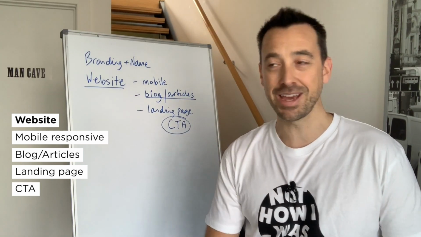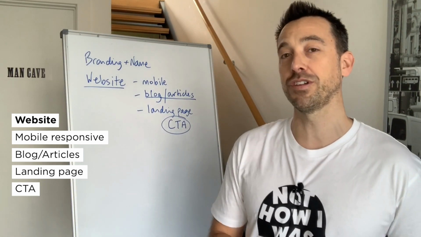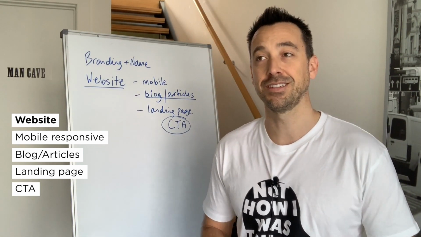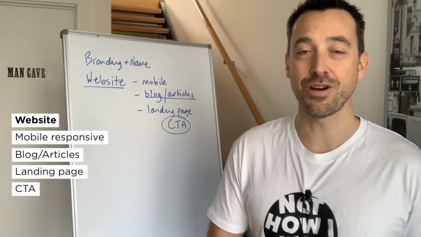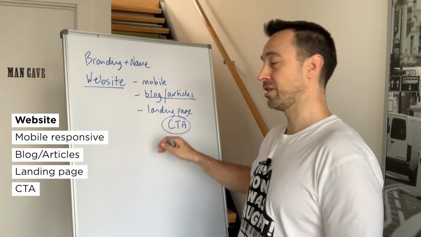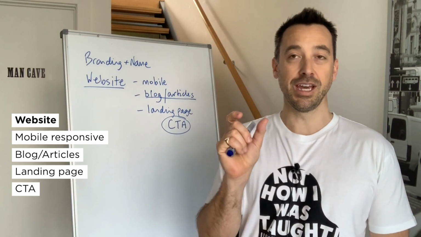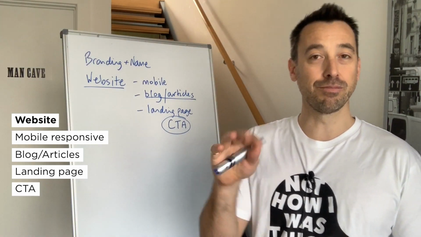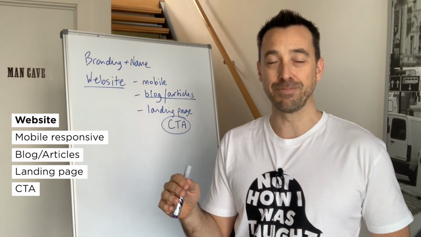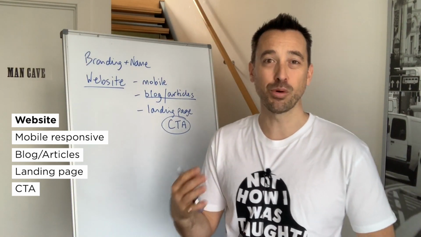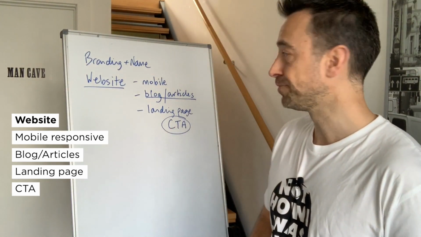Is it sign up now? Is it get a free trial? Is it book your first lesson? Is it contact us? Is it schedule your time? Whatever it is, the call to action and the words you use are really important. And getting that right will require a little bit of testing over time. To get started though, the most important thing is that you actually have one.